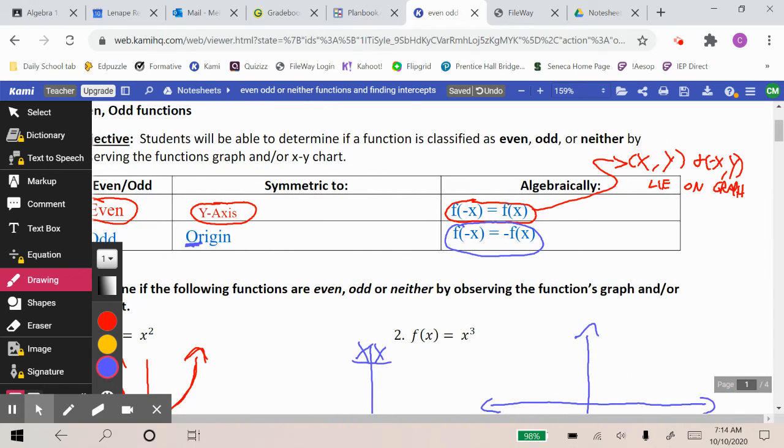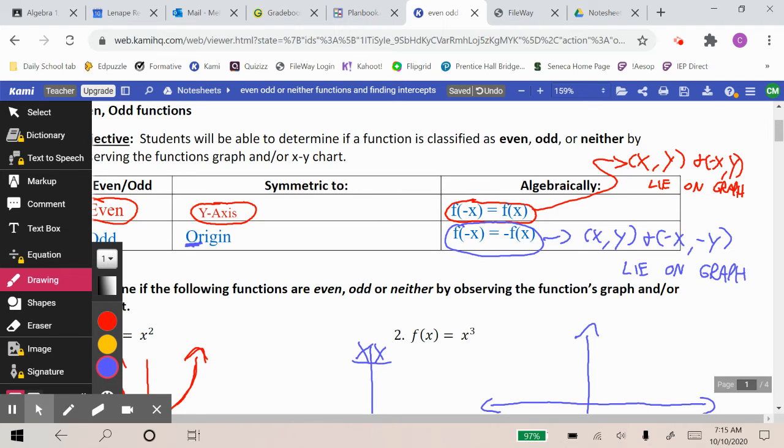I think this is the easier way of explaining it algebraically. If we make an x-y chart, (x, y) and (negative x, negative y) lie on the graph. So you can see how the opposites lie on this graph.